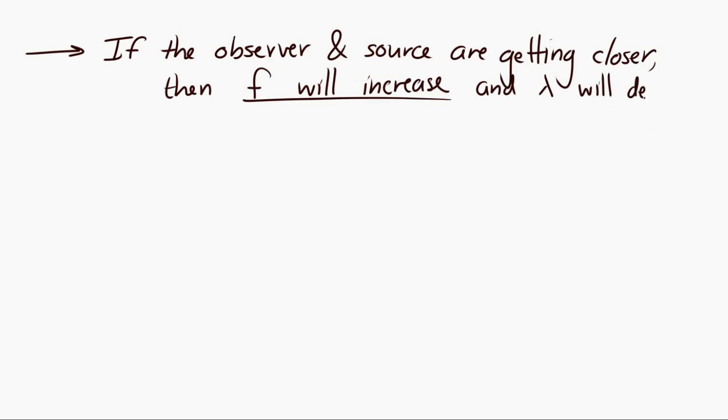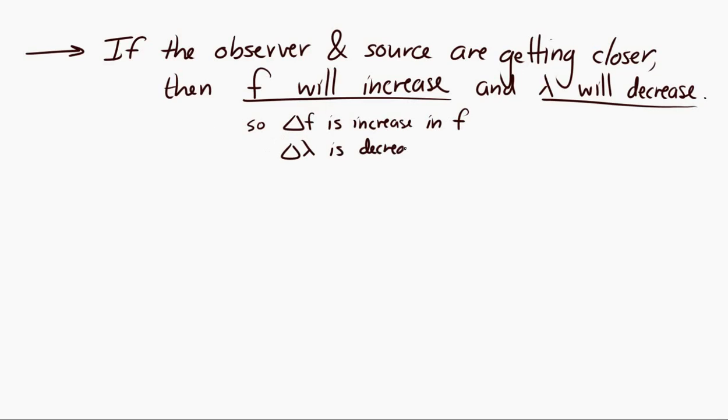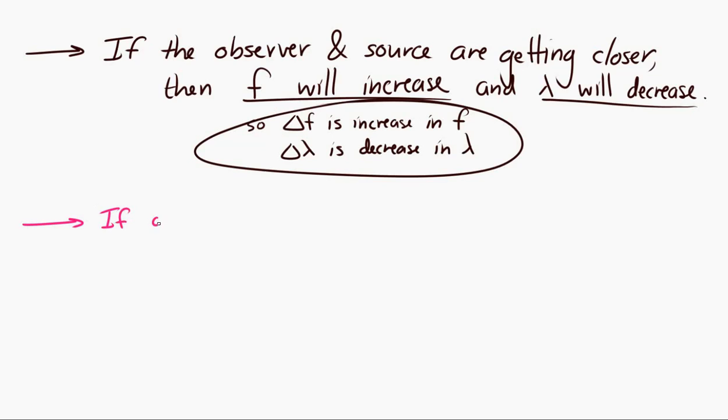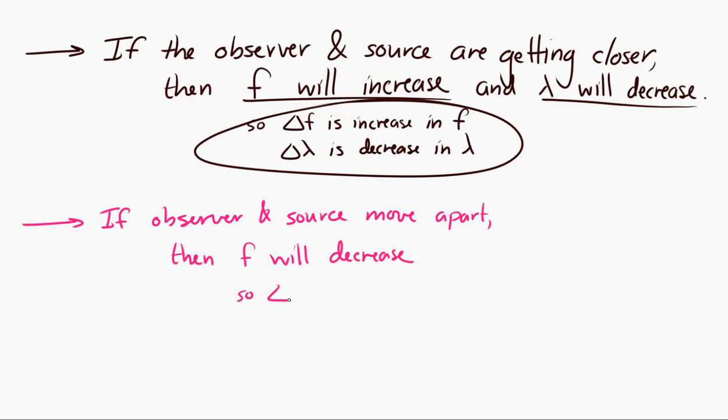So you take whatever that delta lambda or delta frequency is, and you cause the frequency to get bigger or the wavelength to get smaller. If the observer and the source are moving apart from each other, then you'd expect the frequency to decrease and the wavelength to increase. So you'd take that delta f to get a smaller frequency, and you take that delta lambda to get yourself a larger wavelength.